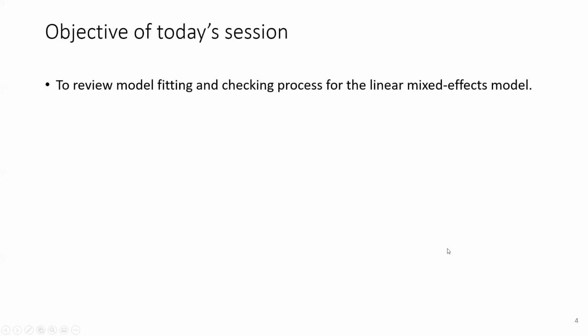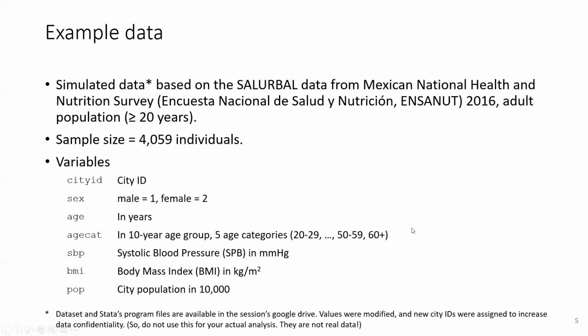Okay. And today's topic is this one. It's about model fitting and checking. And today also, we are going to use example data. Again, it's from Mexican National Health and Nutritional Survey, which is ENSANUT 2016 for adult population.